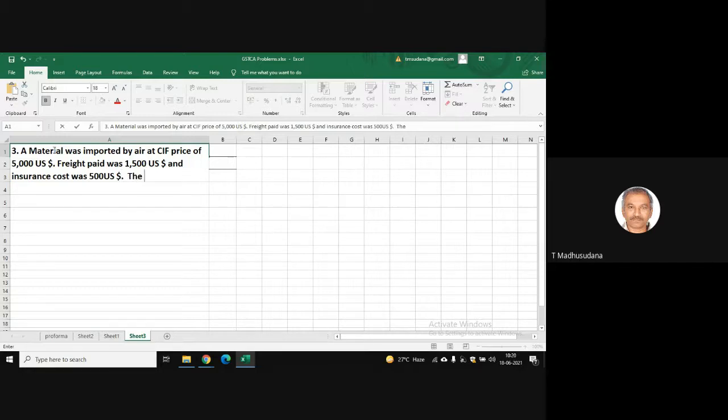The banker realized the payment from the importer at the exchange rate of rupees 61 per dollar.